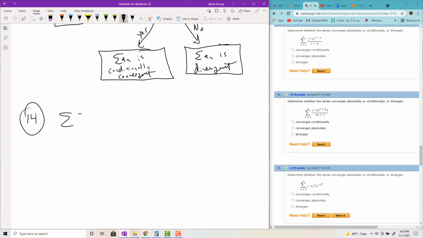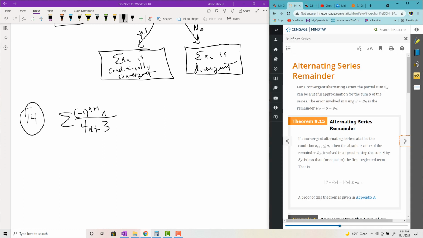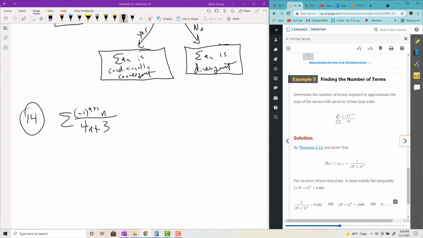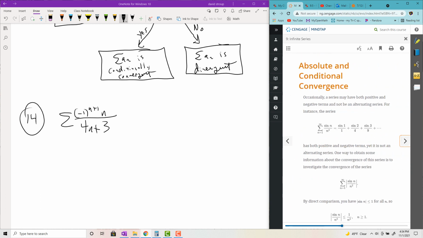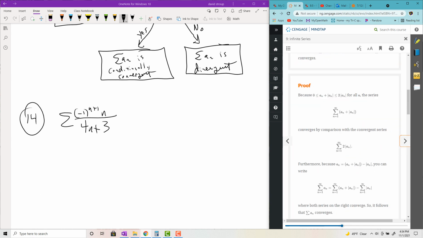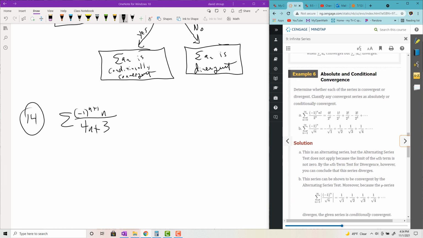We got the series -1 to the n plus 1 times n over 4n plus 3. Maybe I should just go with the book, so use their examples. Okay, so they kind of don't follow my algorithm in the book, but I really think you should.